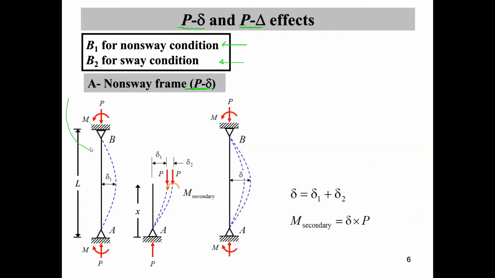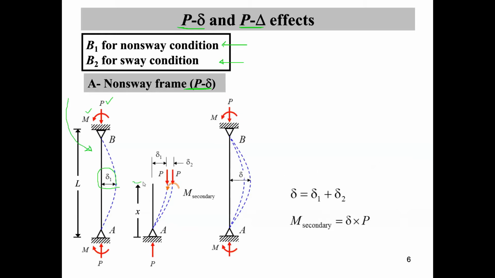The following beam column is part of a non-sway frame and subjected to an axial compressive force P and a bending moment M. The primary bending moment M will cause the column to deflect an amount of delta 1.